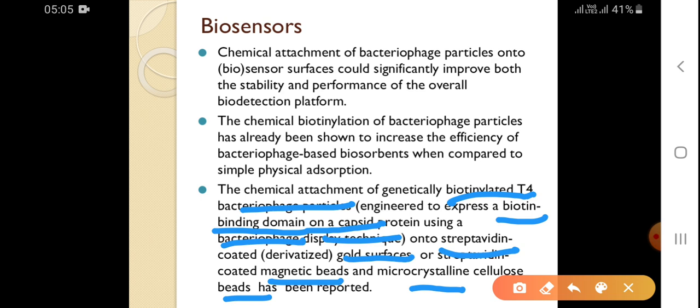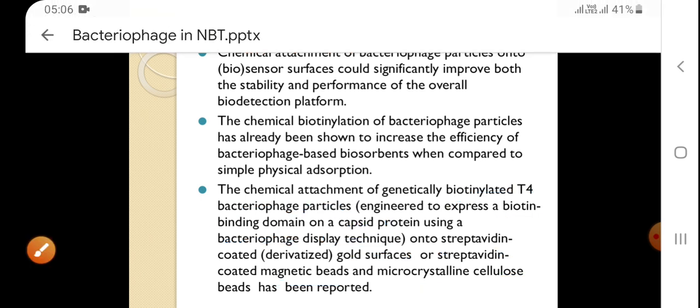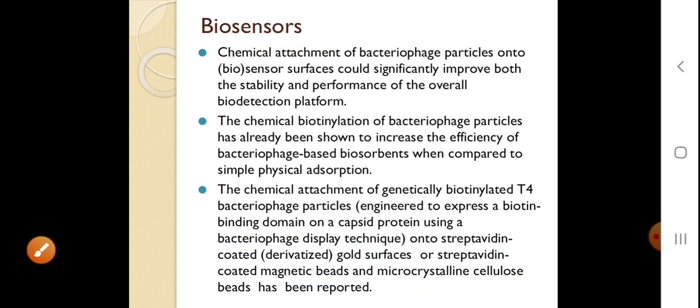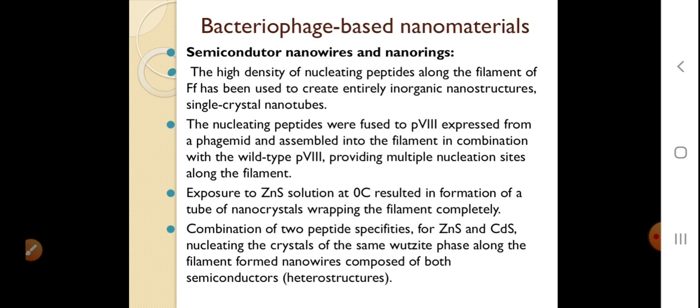So this T4 will carry the biotin binding domain on its surface, and you have another surface for the receptor. The T4 is a ligand. You have a receptor. The receptor might be a gold surface derivatized with streptavidin, or streptavidin magnetic beads, or microcrystalline cellulose beads. So this can be used for a biodetection system.